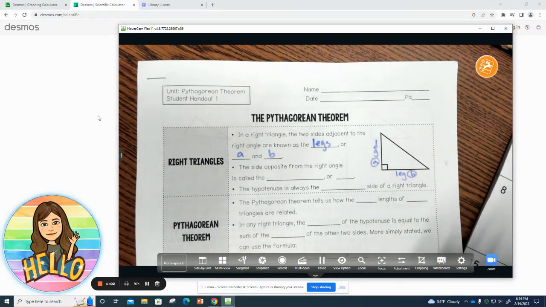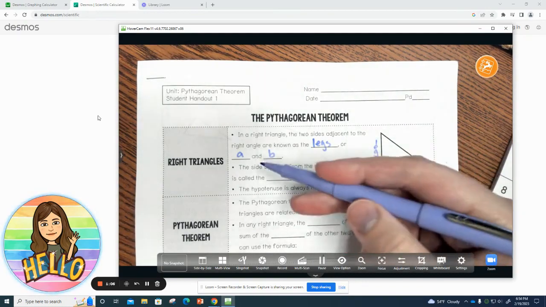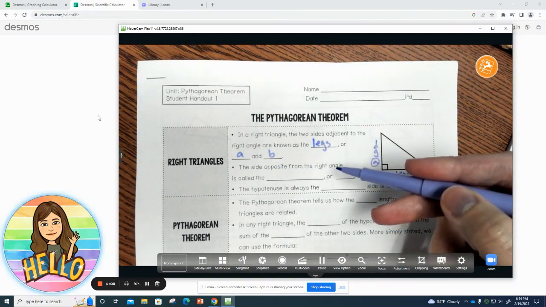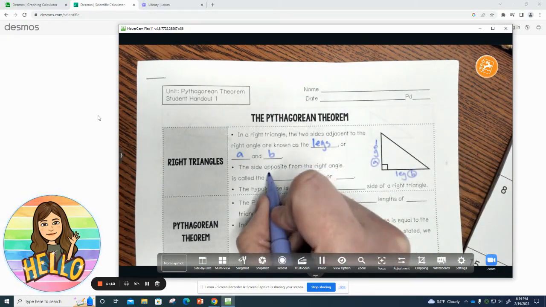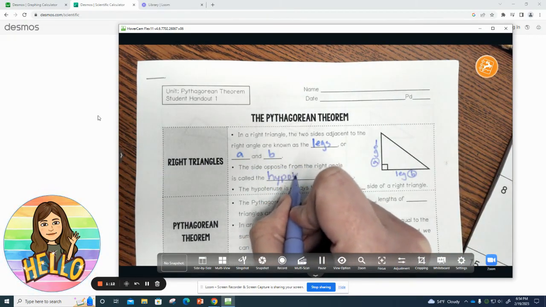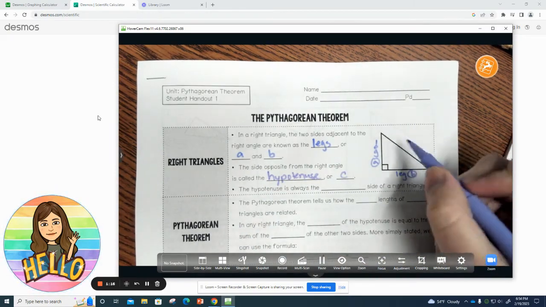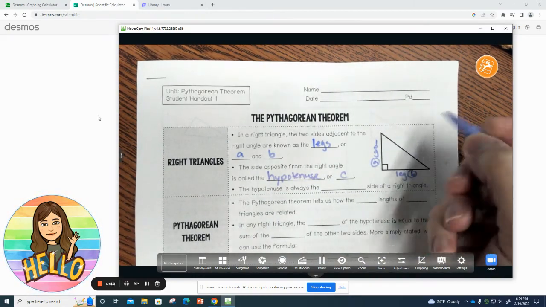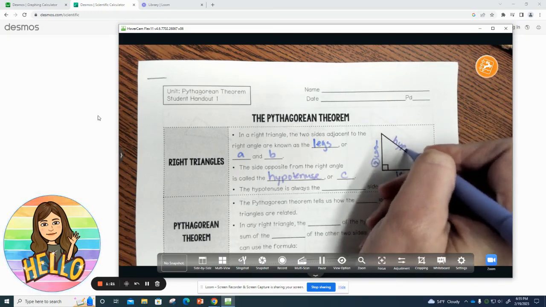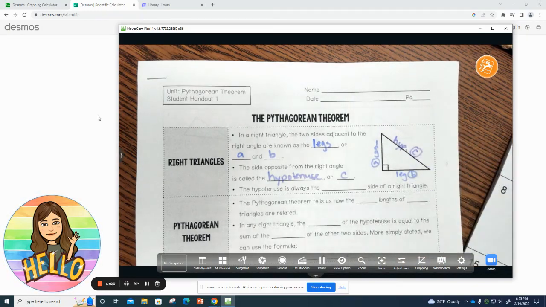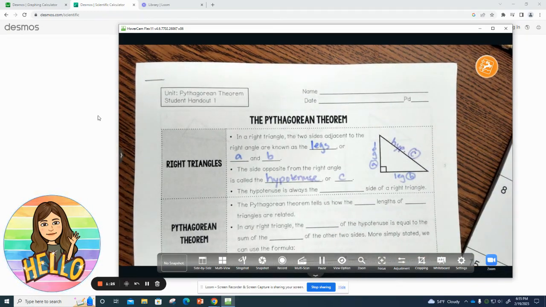What really matters is the third side, which is C. The side opposite from the right angle is called the hypotenuse, or side C. So here is our hypotenuse. I'm going to abbreviate that and label it as side C.